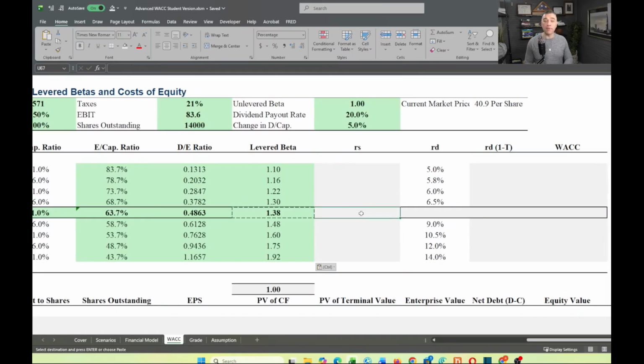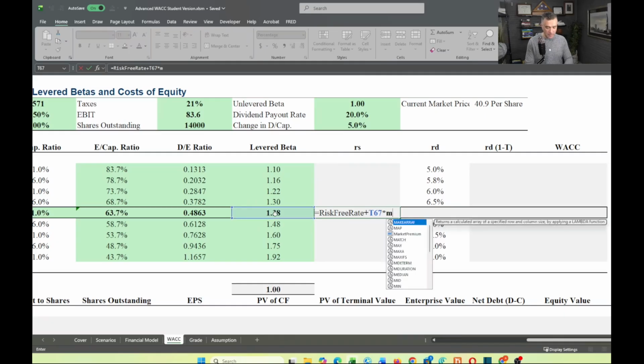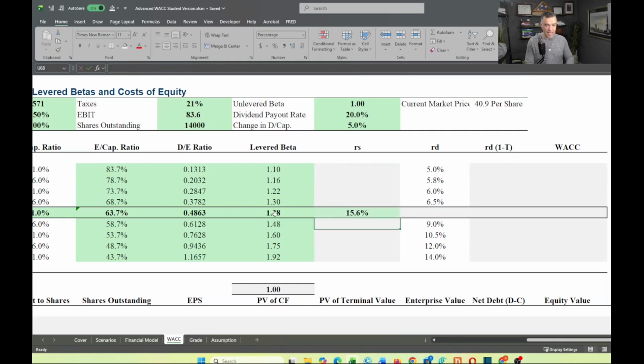Now we can do the CAPM model to find out what is our cost of equity as we increase the debt or decrease the debt. So I'm going to hit equals, and what we want is the risk-free rate plus the beta we just selected. I'm going to do all betas, and then multiply that times the market premium. And that's going to give us our cost of equity.